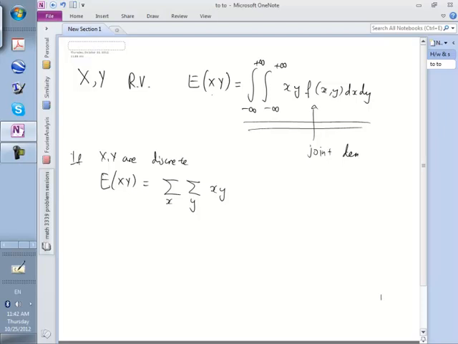So this here was the joint density, here's the joint PMF of X and Y, the joint probability mass function. And the covariance of two random variables is a quantity that, of course, doesn't make a lot of sense to you right now. It's defined via this formula.